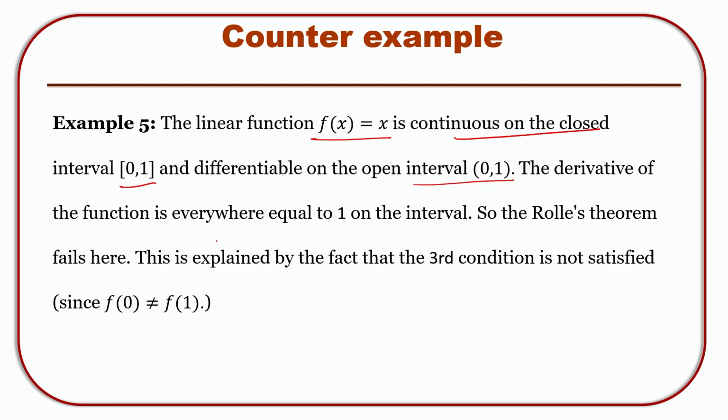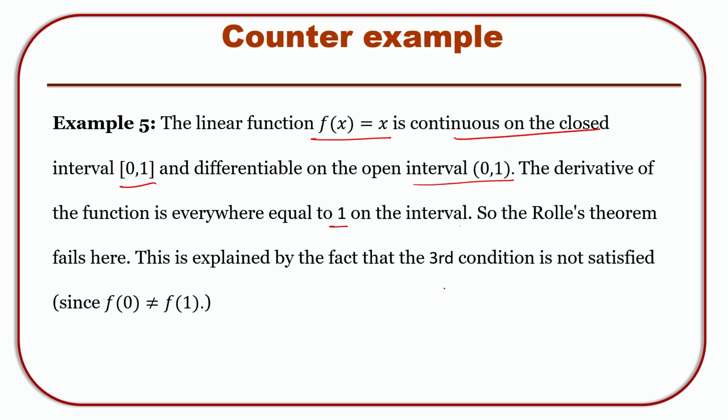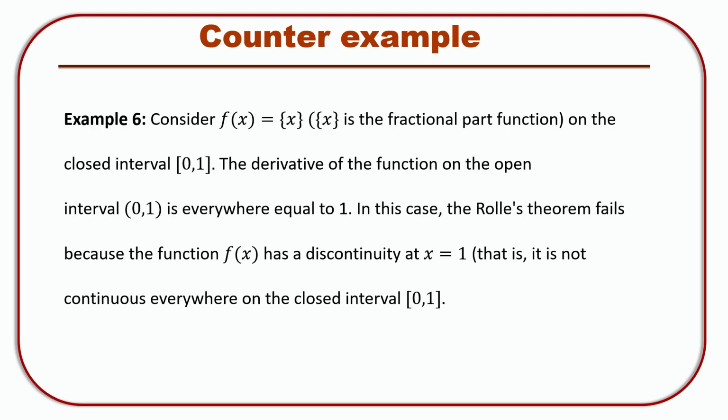The derivative of the function is everywhere equal to 1 on the interval. So, the Rolle's theorem fails here. This is explained by the fact that the third condition is not satisfied. That means f of 0 is not equal to f of 1, right? So, if any of those three conditions is not satisfied, then the Rolle's theorem is not valid.